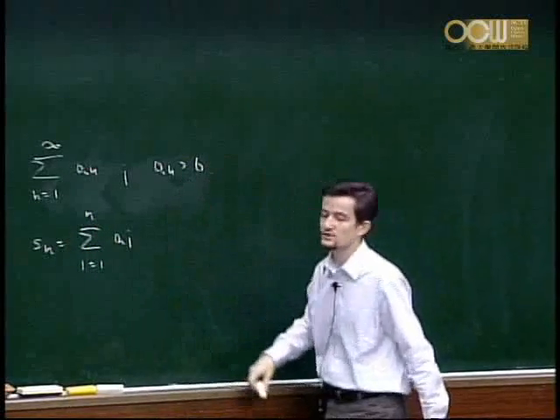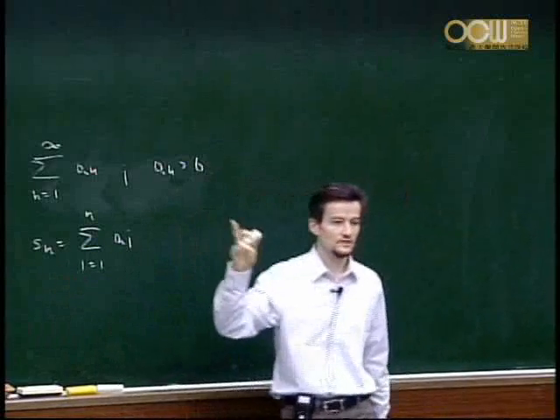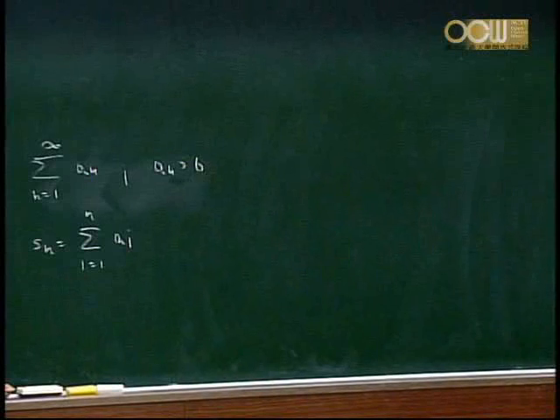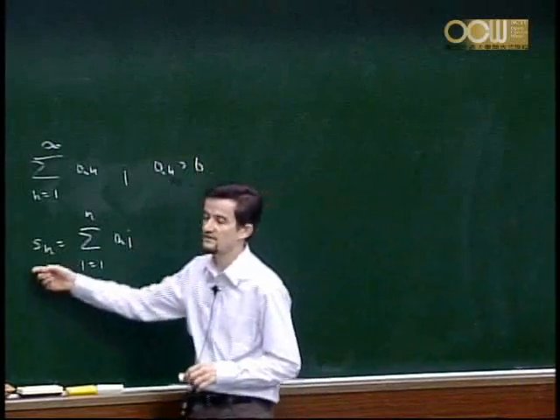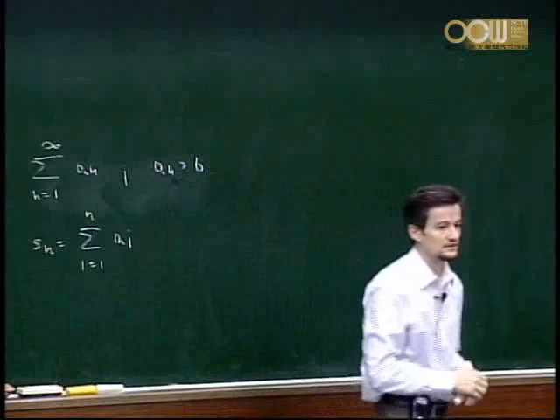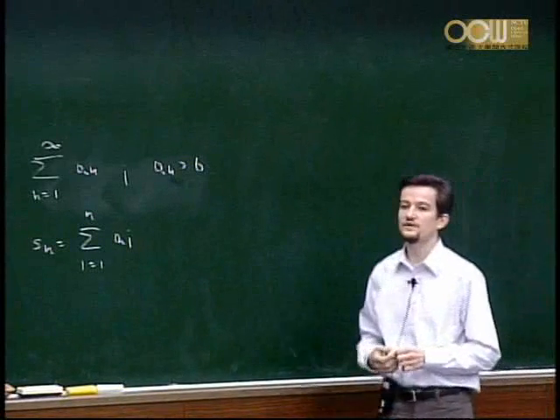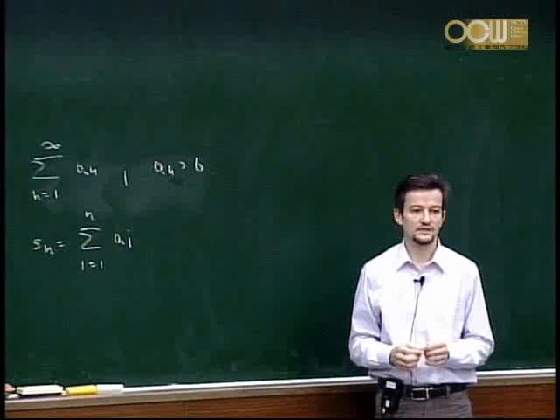Now, under this condition, this sequence is increasing. And for increasing sequences, it's much easier to figure out whether the sequence is convergent or not. You just have to prove the sequence is bounded, and that's it. But in general, if you do not have this requirement, S_n can behave much more complicated.